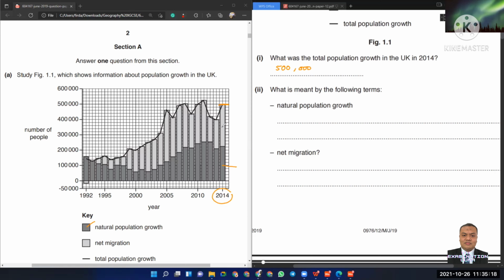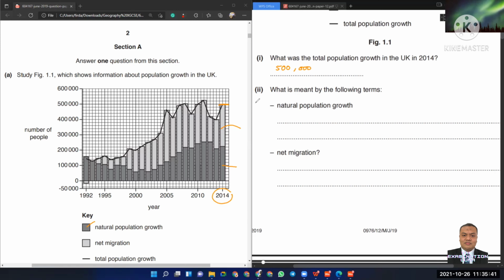Okay, kamu dah ada net migration dekat sini, yang mana net migration tadi kita dah tolakkan orang yang masuk dengan orang yang keluar, and then lepas tu pula natural population growth kita dah tolakkan the death rate and also the birth rate. Maksudnya kita dah tolakkan kadar orang yang lahir dengan kadar kematian. Jadi bila kita dah tolakkan, kita dah tengok ada pertambahan.